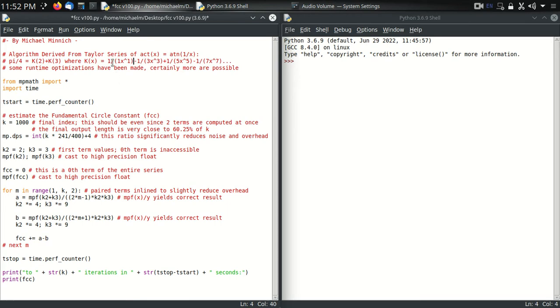It's the inverse of the nth odd number times x to the nth odd power, where x is 2 or 3, and both of those two series then get added together. So yeah, you get all of this.